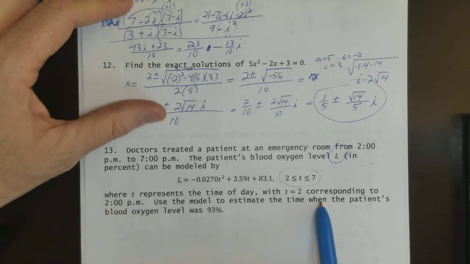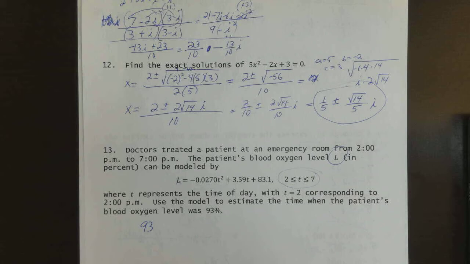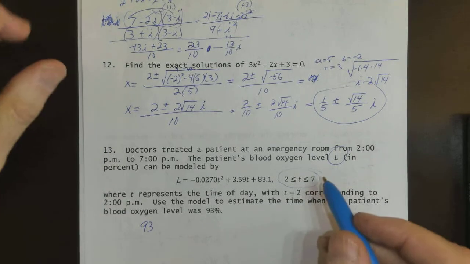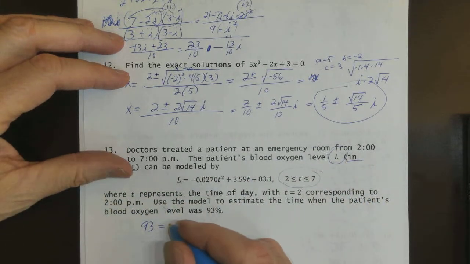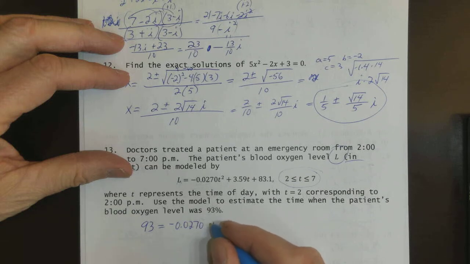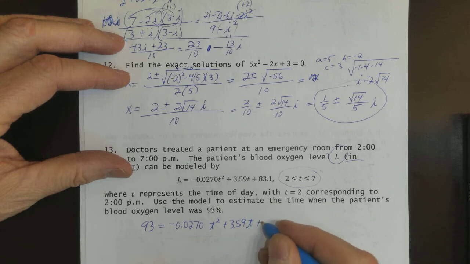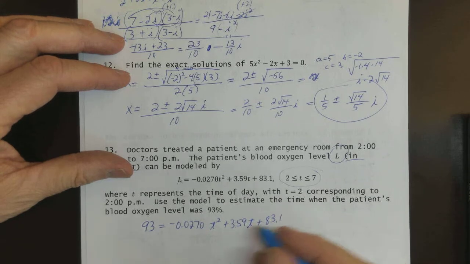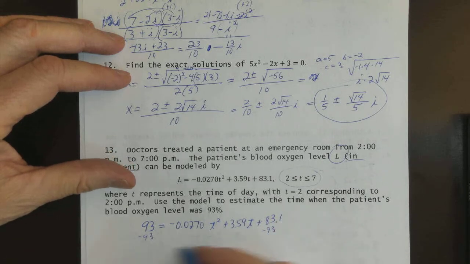Use the model to estimate the time when the patient's oxygen level was 93. Now it says as a percent, so I'm not converting that to a decimal. I got negative 0.0270 t squared plus 3.59 t plus 83.1. Subtract 93 from both sides.